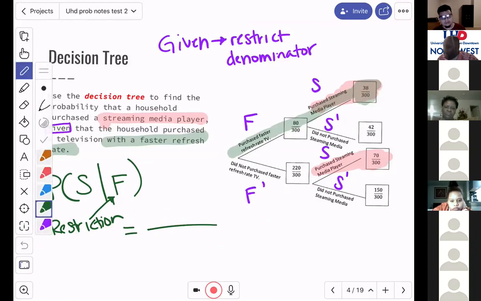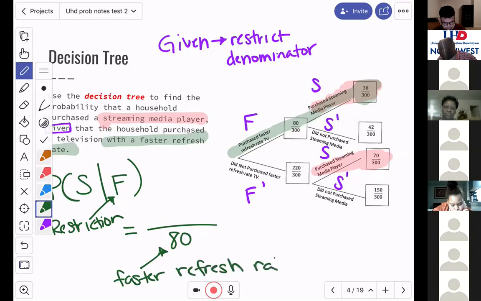So if I restricted it to just these 80 people, and these 80 people represent who? The people with the faster refresh rate. So those 80 people represent the faster refresh rate. Now, out of those 80 people, which ones am I actually interested in though? 38.